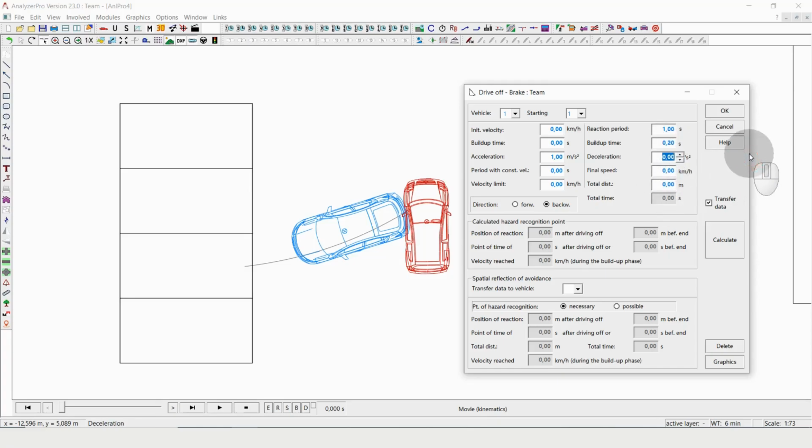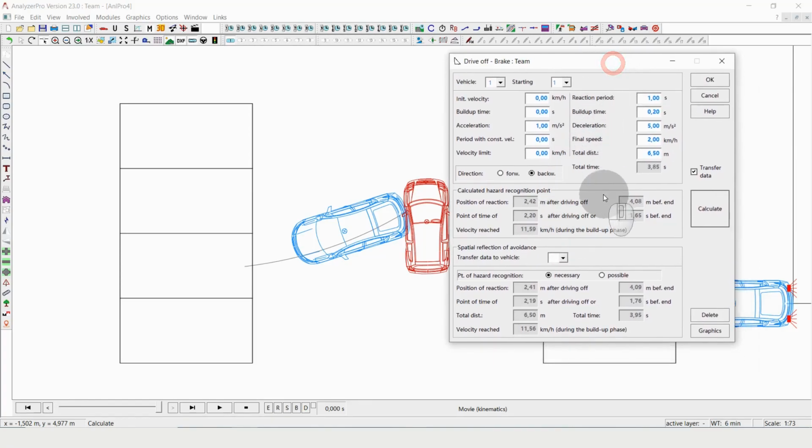Deceleration, so maybe let's go a bit higher because he might have seen it. So let's say 5 meters per square second. Final speed, well, of course depending on the damage images we have, but let's just give it 2 km/h or maybe 1. And the total distance, that would be again our 6.5 meters. And I can click on calculate.